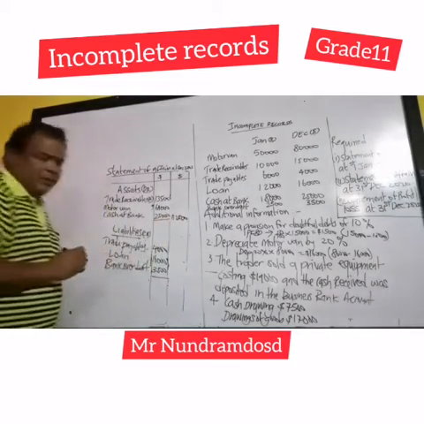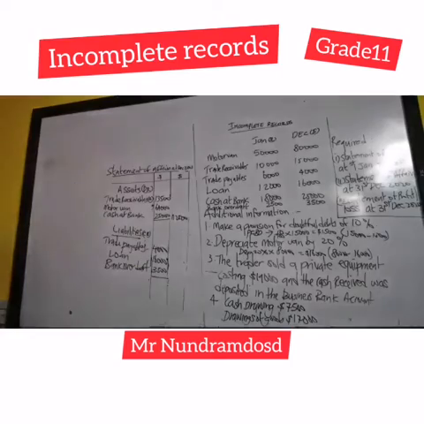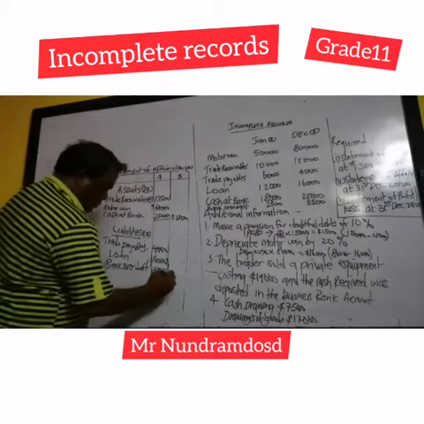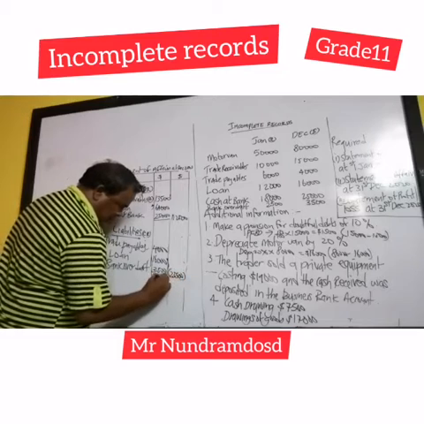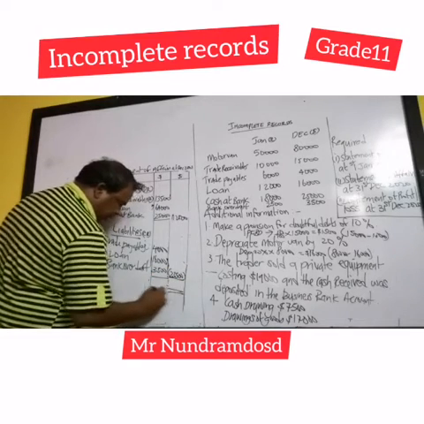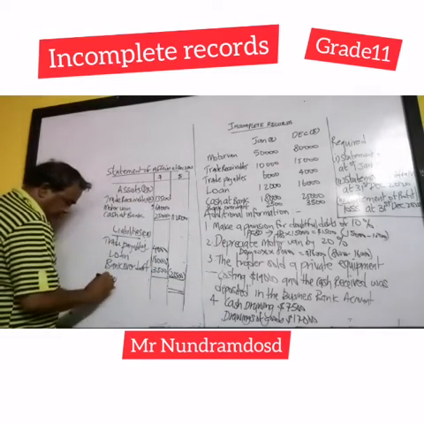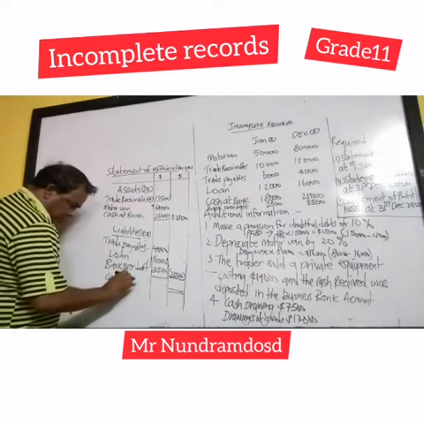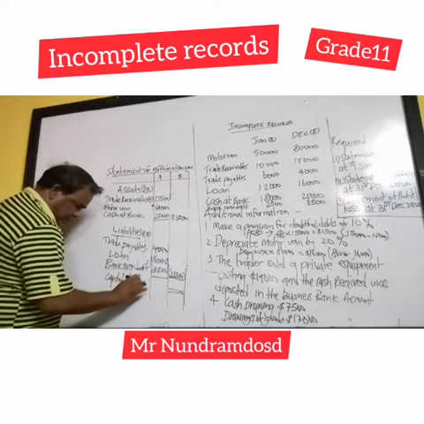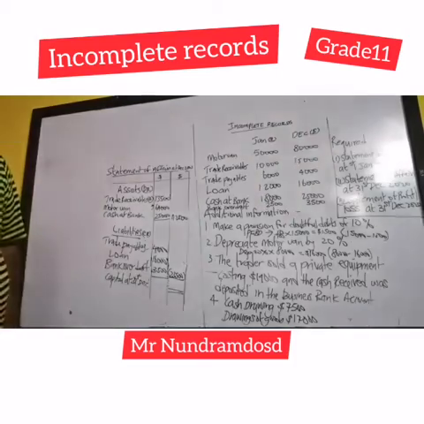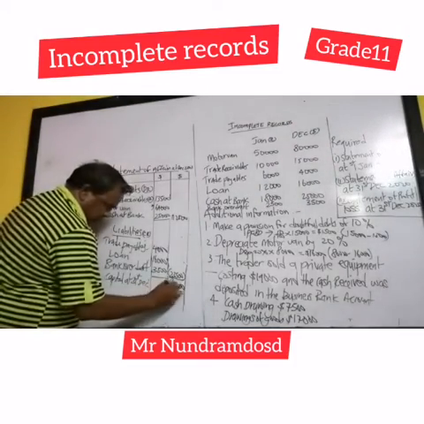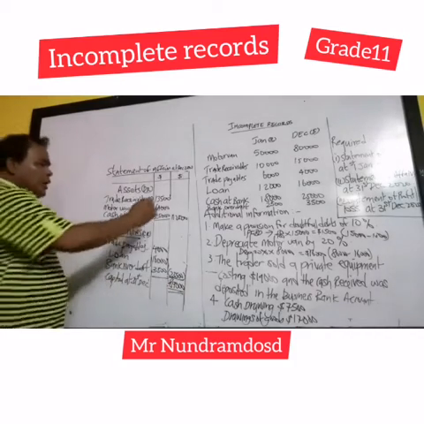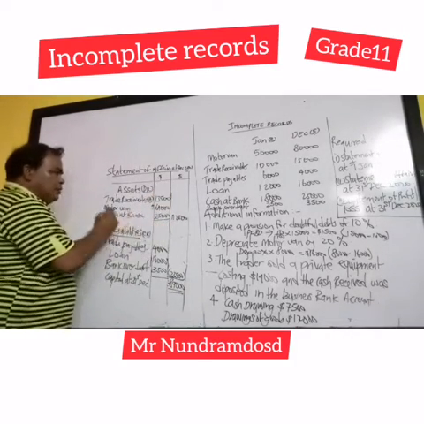112,500. Liabilities total 23,500. We less it, we will get capital at end, capital at 31 December. This will give us 89,000. Here we are. We have to take into account the adjustment.